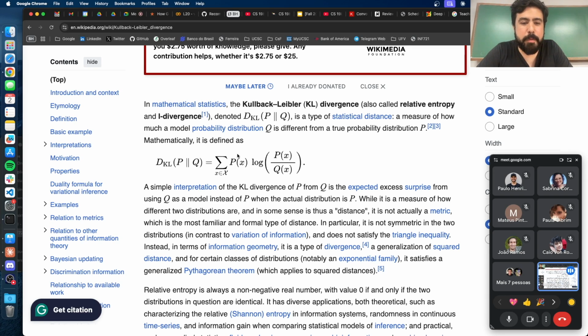And then this is the probability of x times the log of the probability of x over the probability of Q of x, right? This metric is going to give 0 if the distributions are exactly the same. So it's a distance metric. If the distributions are exactly the same, this results in 0. If they're very different from each other, this value is going to be high, okay?